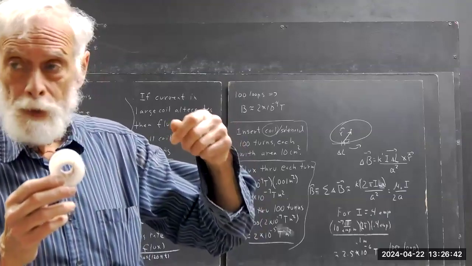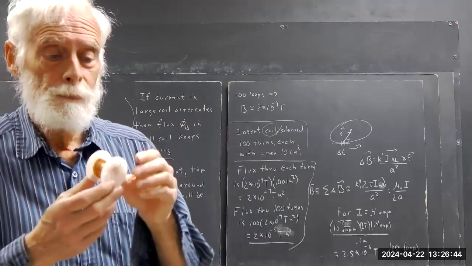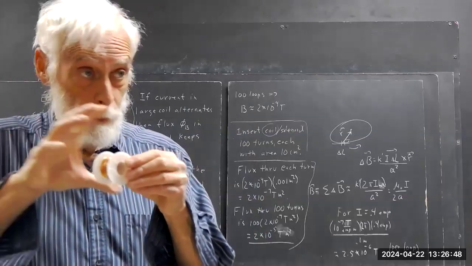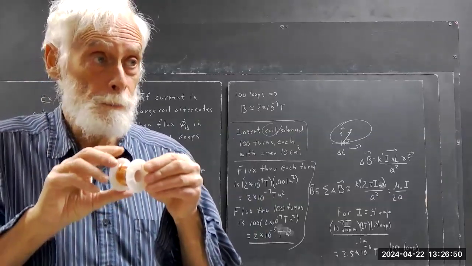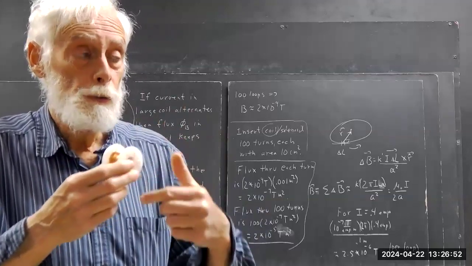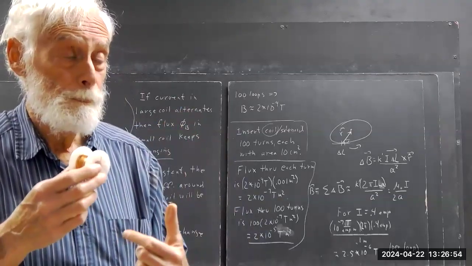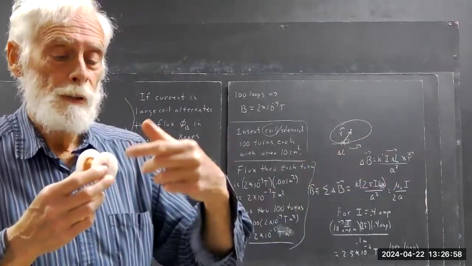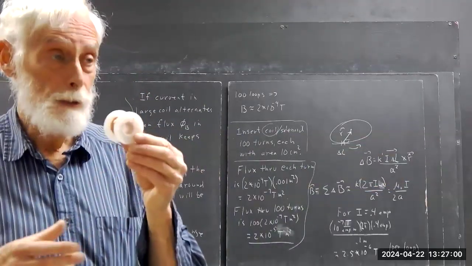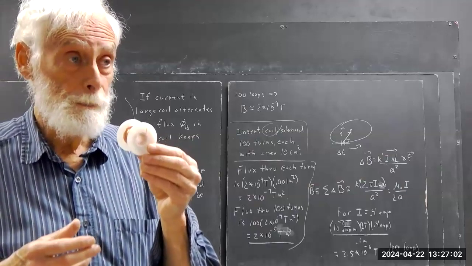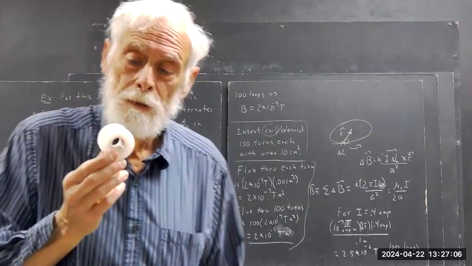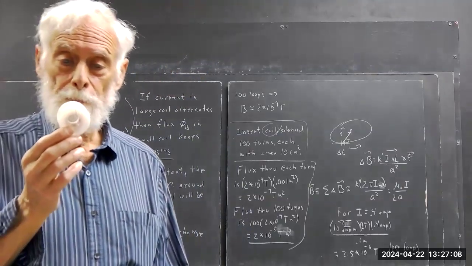Let's say you throw the switch, you get the magnetic field from the Helmholtz coil, it penetrates here, creates a voltage around here, which will create a current. And that current is what we measured when we ran these leads through the galvanometer. We got a very tiny response, but we did get a response.